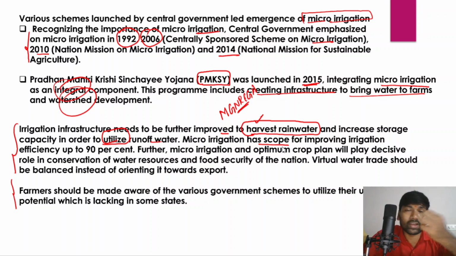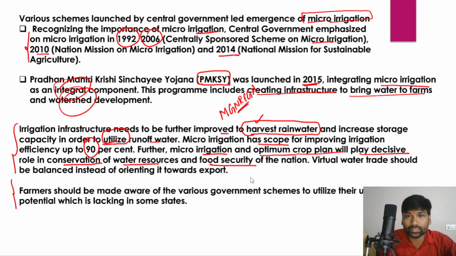And in fact, understand the potential of micro irrigation. Micro irrigation has a lot of potential when it comes to enhancing the water usage efficiency. Therefore it could increase water usage efficiency by at least 90%. And in fact, micro irrigation and optimum crop plan will play a decisive, very important role in conservation of water resources and food security of the nation.